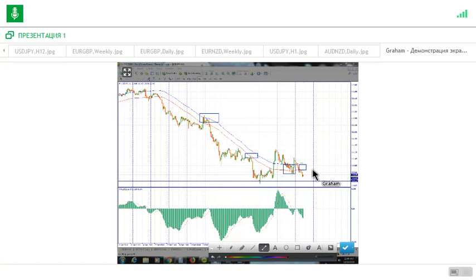Then you have a resistance here. So what this means is we want price to go below every retrace back, then we pick a sell to the lower side. So far the columns of MACD are below 0.00 and we have the moving average of the envelopes above where price is, so that's a sell sign.